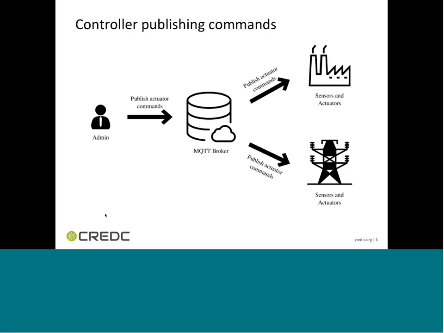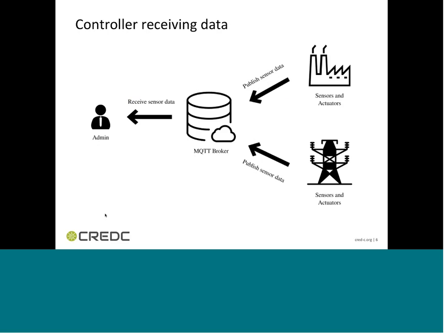When an administrator wants to publish commands to actuators, the administrator sends these messages to the broker, and the broker forwards them as is to the particular actuators. The exact opposite happens when sensor data is being sent to an administrator, where the sensors publish data and the broker forwards it to the administrator.